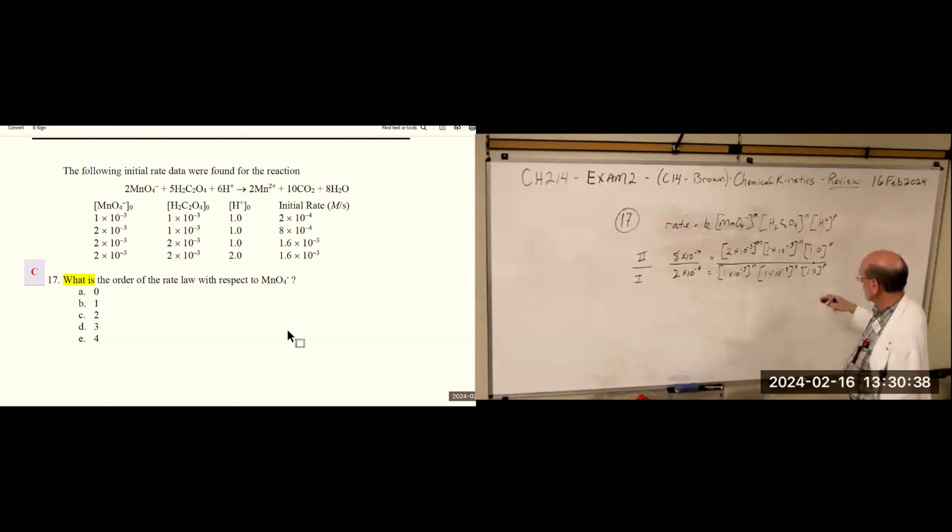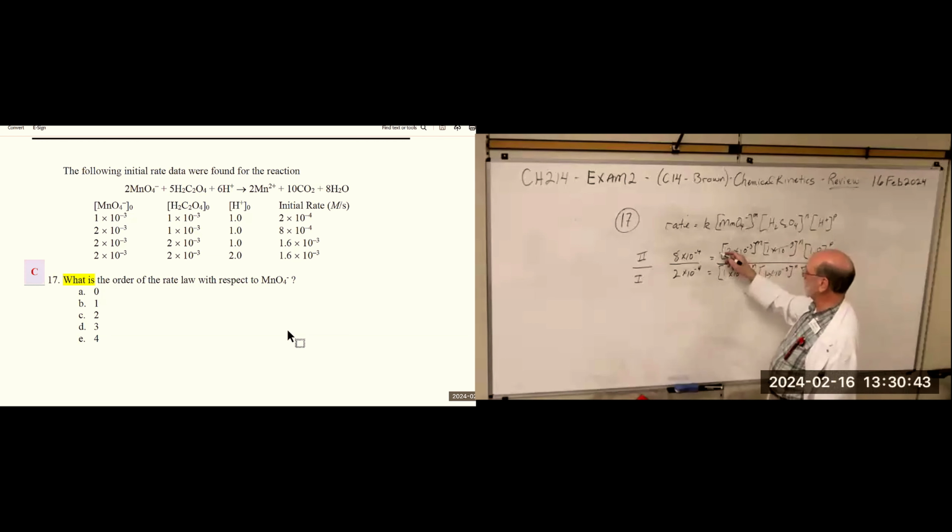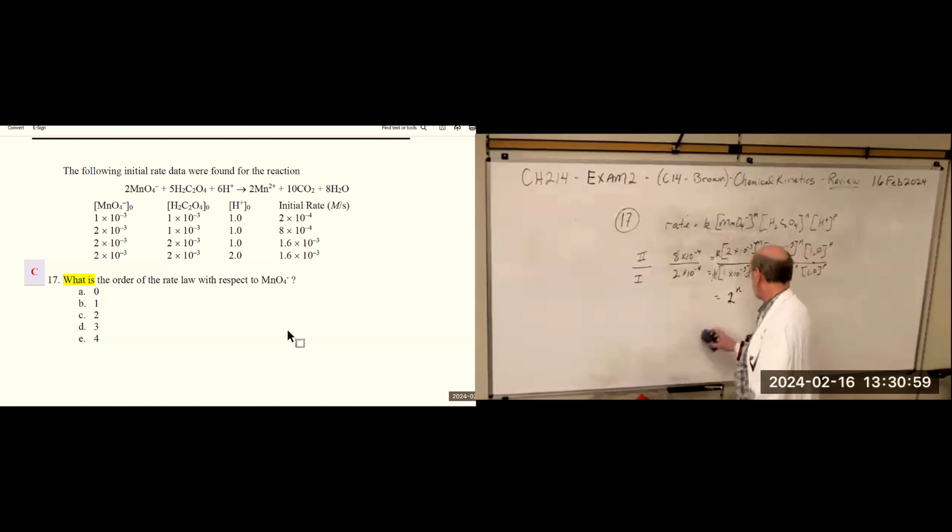These two are going to cancel. Oh, we left out K. The K's are going to cancel. And we're left with 2 divided by 1, which is equal to 2 to the m. And 8 divided by 2 is 4.